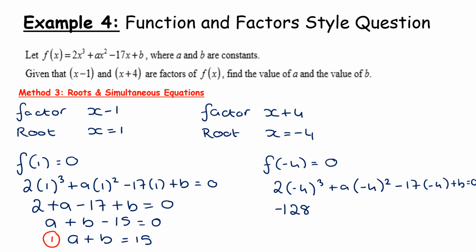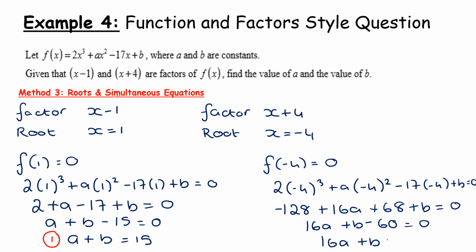Minus 4 squared is 16, so plus 16a. Minus 17 by minus 4 gives me a plus 68. Plus b equals 0. So 68 minus the 128, so I get 16a plus b minus 60 equals 0, or 16a plus b equals 60. And that becomes equation 2.